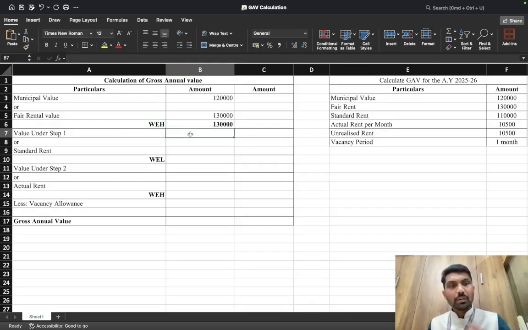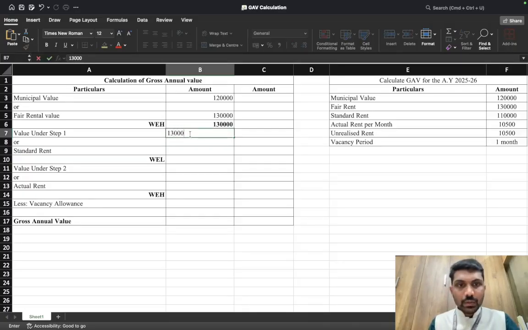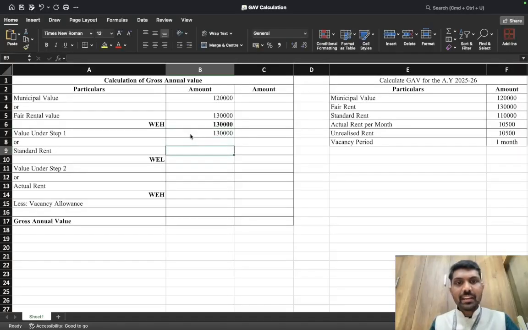In the second step, we will be comparing the value under step 1. What is the answer which we derived from step number 1? We have to compare it with the standard rental value. So we will be taking 1,30,000, and what is the standard rental value? It is given in the question, that is 1,10,000. It is the value given by the rent control authority.